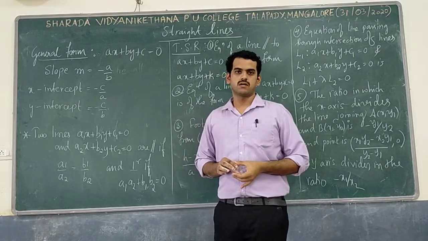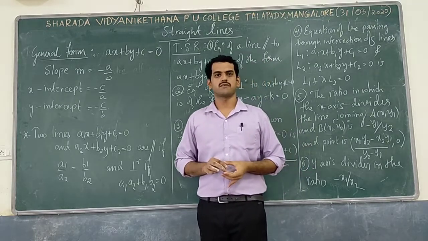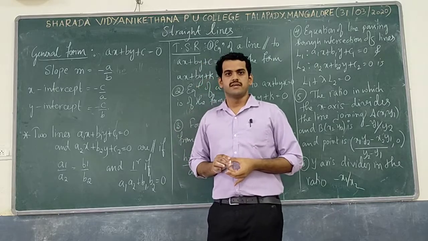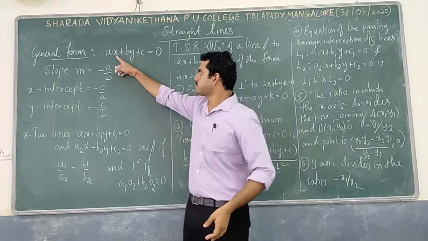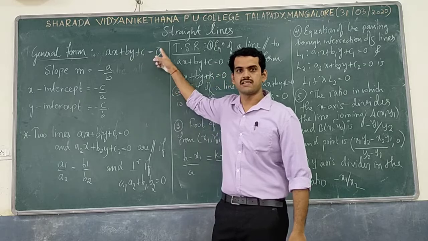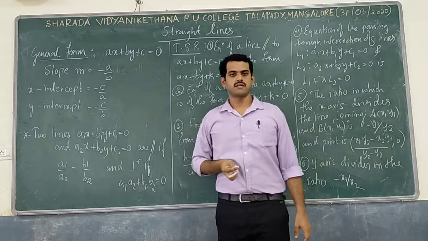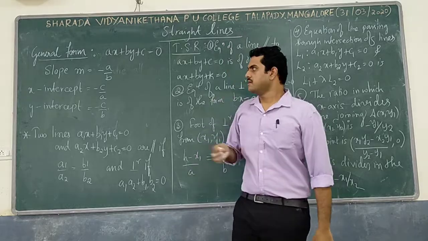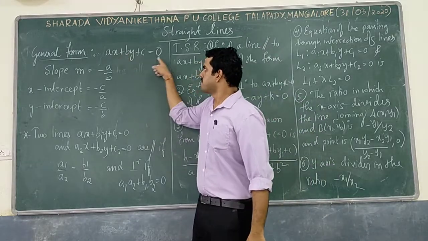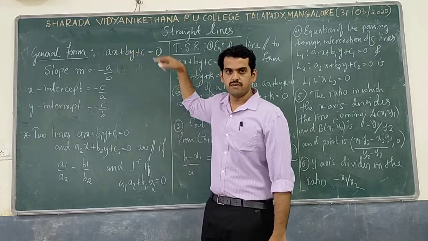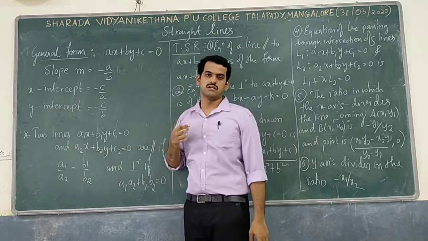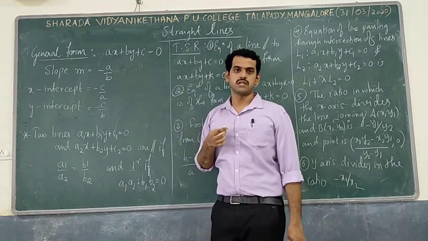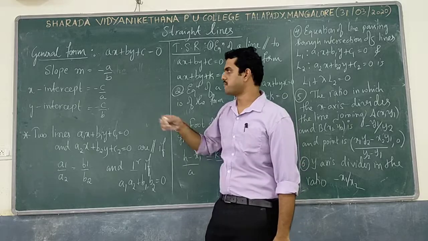Now, coming to the general form of equation of a straight line, it is given by ax + by + c = 0, where a, b, c are any real numbers. When the general form is given, we can get the slope, then the x and y intercepts by the formula.